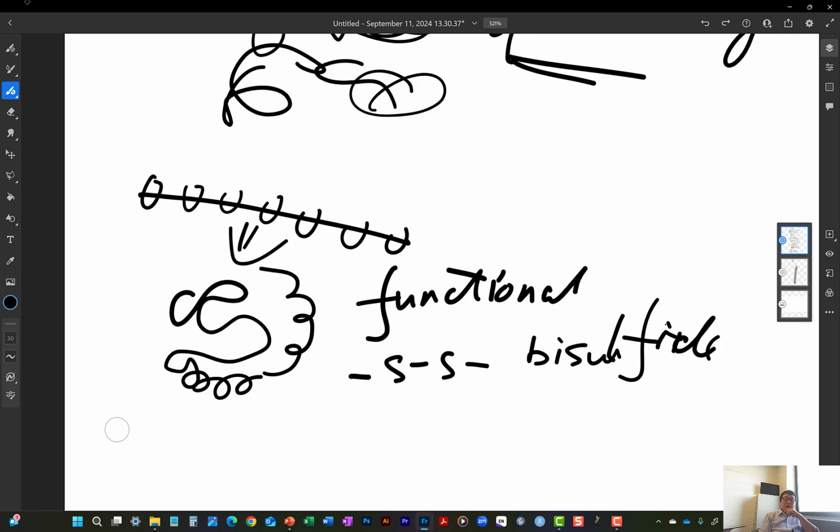So a covalent bond is between two amino acids, cysteine, I think. Two amino acids both have sulfide. When they join together, it's called a bisulfite bond, the covalent bond. And then some form an ionic bond. Of those two amino acids, one carries a negative charge, the other carries a positive charge. They join together, the ionic bond, so covalent bonds and ionic bonds both contribute to protein folding.